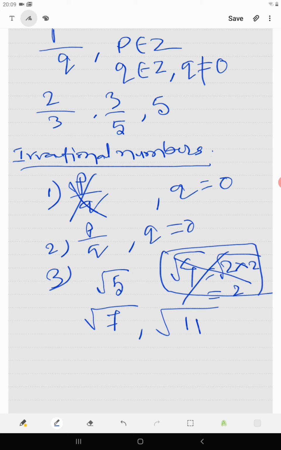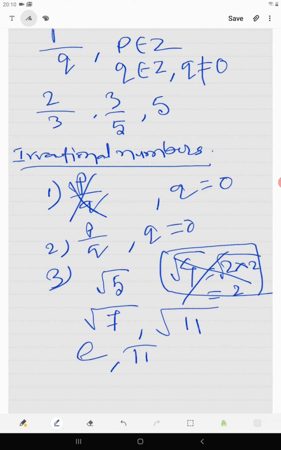Other than this, there are things called e and pi. These are also irrational numbers. Even when we use pi in normal mathematics as 22 by 7, that is not its exact value. You will not be able to get its exact value. So pi has been kept in the irrational number segment. Remember, pi is irrational.